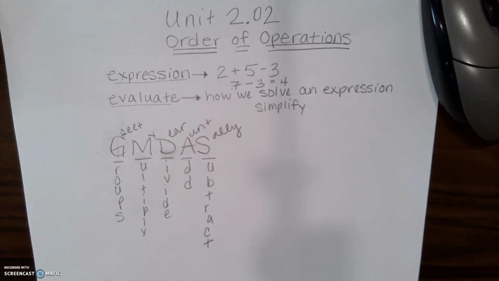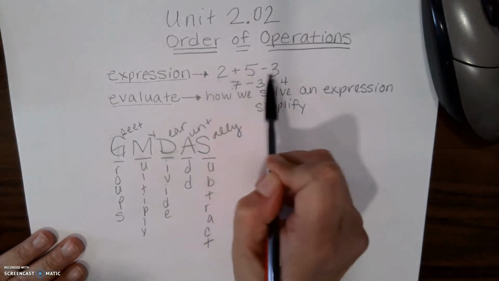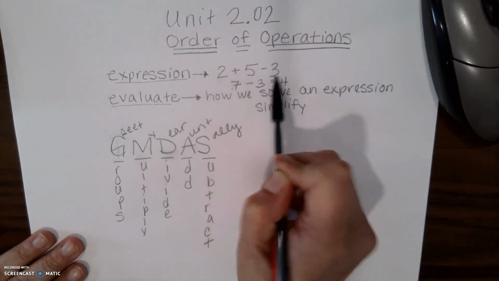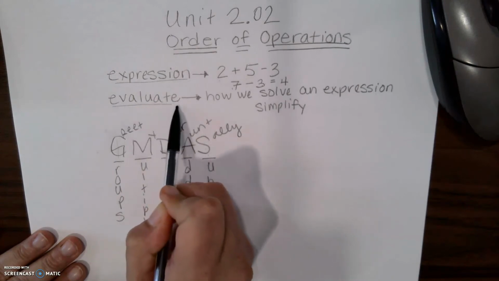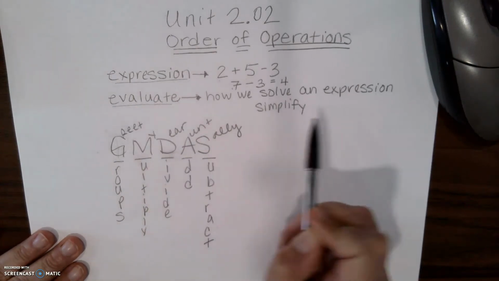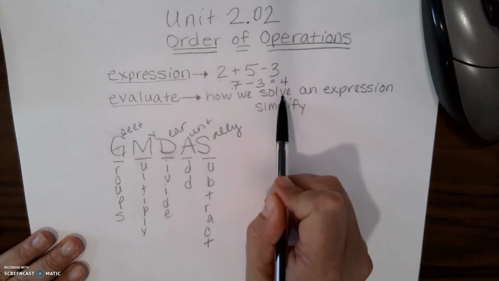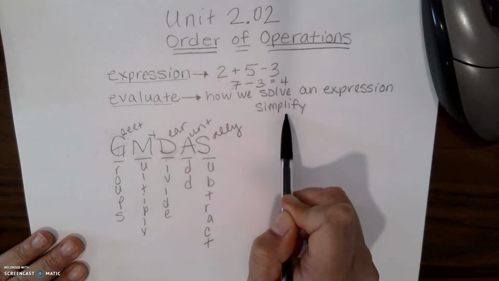Just like an expression is how we would say something in the English language, we can also express numbers in a line like this, okay? And when we evaluate, it means that we solve or simplify.